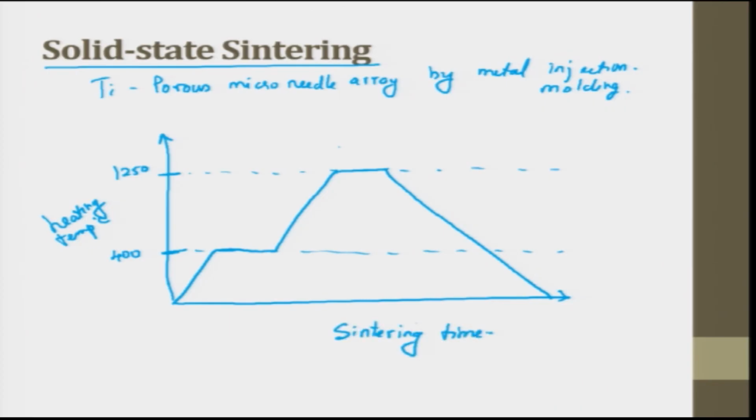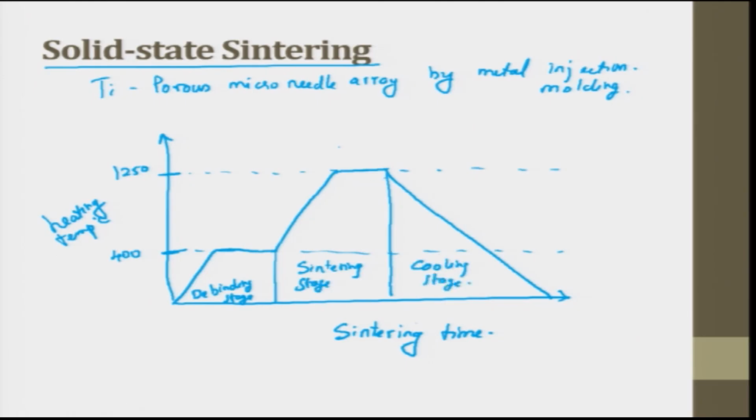Sintering time, this is sintering temperature, all in degrees Celsius. So, here what we do is we divide it into 3 stages. In the first stage, it is called the debinding stage. The next one is called the sintering stage. And the last one is called the cooling stage.